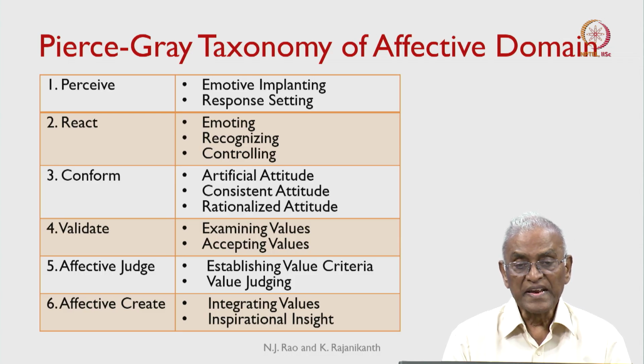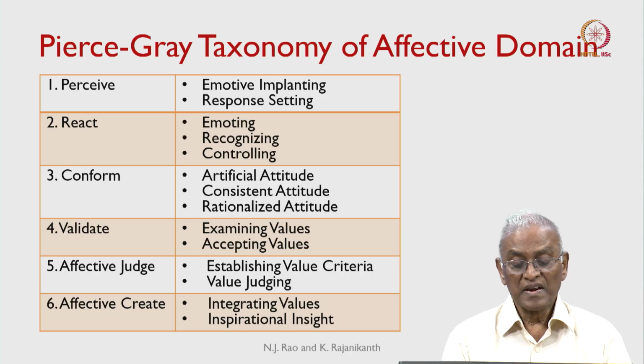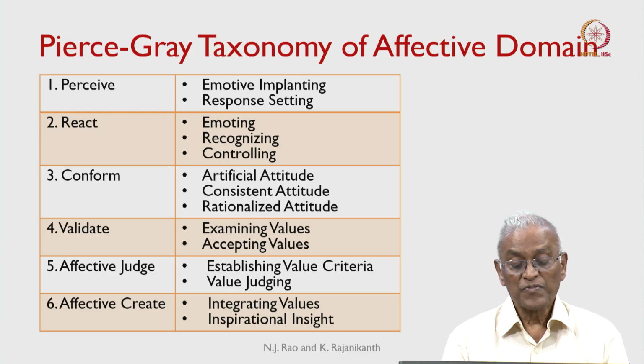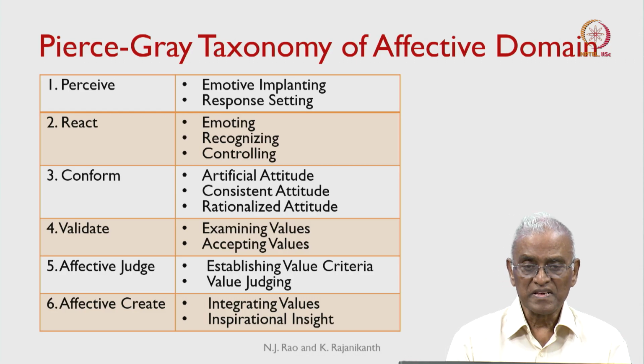Then you validate, that is, now you examine your values, and whatever value is being proposed, you accept those values. You are rationally validating, that is where the cognitive activity comes in.